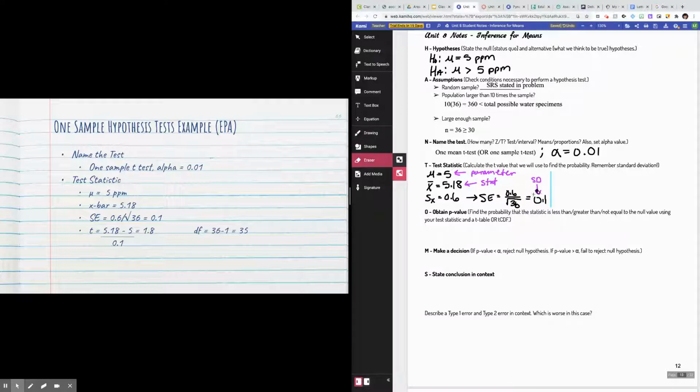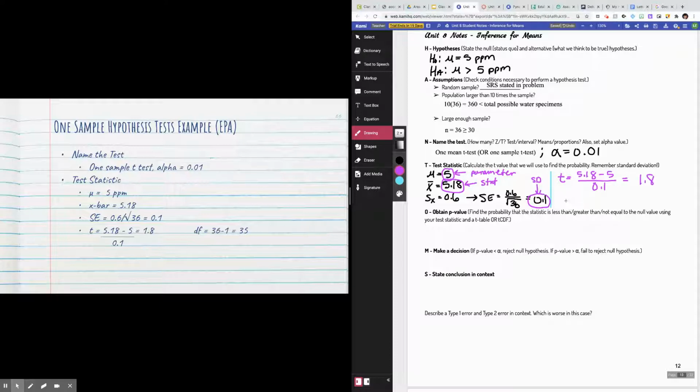Sorry, folks, I'm drawing over things here. These are the 3 things that I need in order to do my test statistic, or my t-score. So t here is 5.18 minus 5 divided by 0.1, which, when I do all that math, is 1.8.